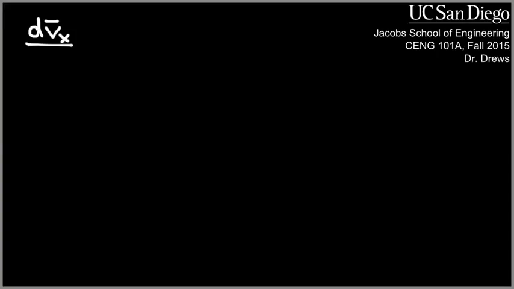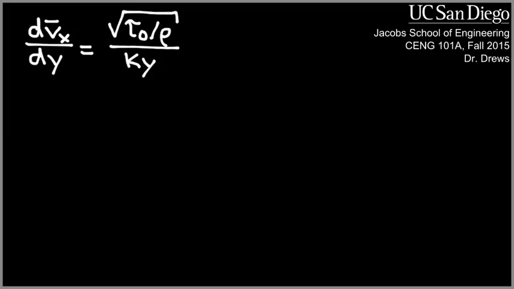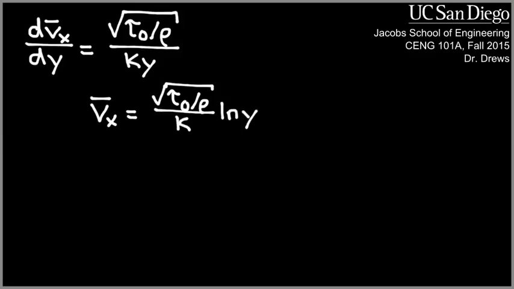Isolating dvx bar over dy, it will be equal to the square root of tau naught over rho, divided by ky. If I solve that equation, I will get Vx bar is equal to the square root of tau naught over rho, divided by k, times the natural log of y plus an unknown constant that I'll call C1.